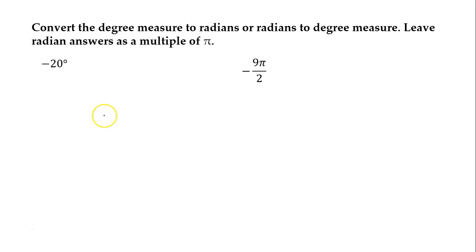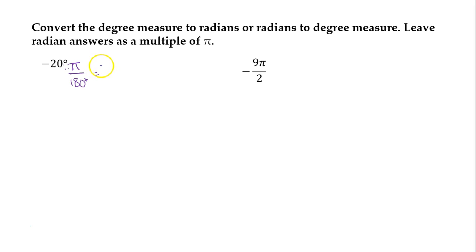All right, so the first couple of problems are going to be conversion problems where you're asked to convert from degree measures to radians and then radians to degrees. So the first one here, it says, let's convert negative 20 degrees. We convert it to radians rather than degrees. To convert, we need to multiply by pi over 180 degrees.